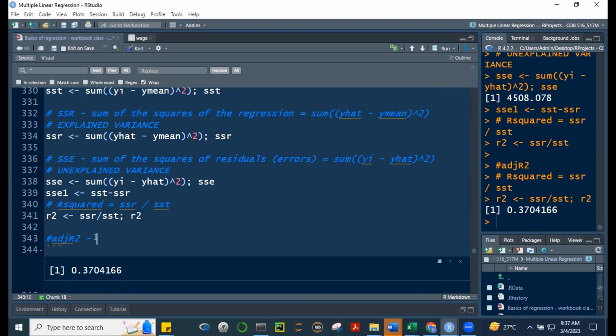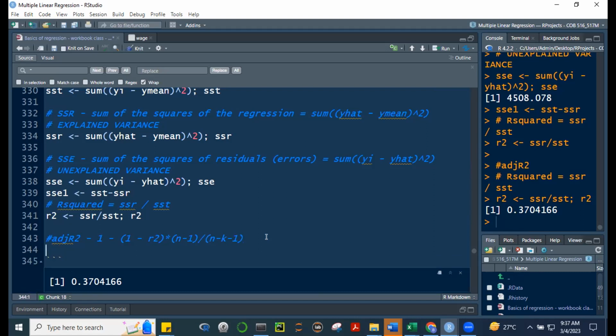It's 1 minus R squared times n minus 1 divided by n minus k minus 1. All right. So this is the computation for your adjusted R squared.